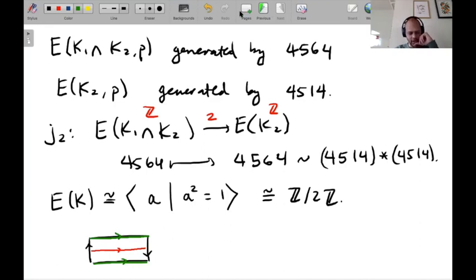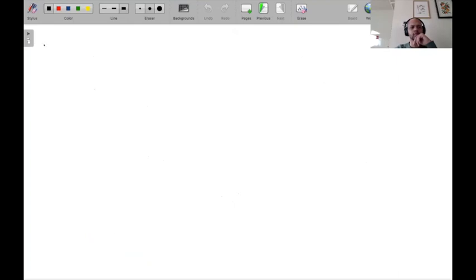Okay. Maybe let me mention one more example. Let me take this simplicial complex with 4 vertices and 4 edges and nothing else. And let me take K1 to be this part here, including the vertices, of course. And K2 is this part here.